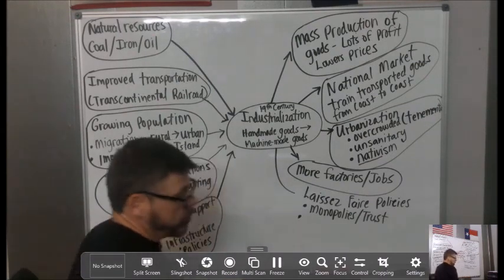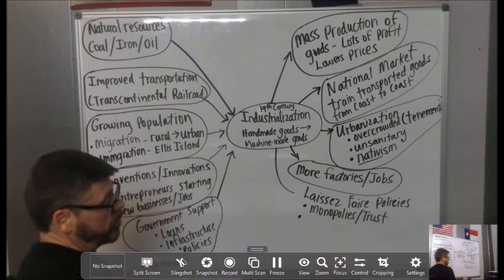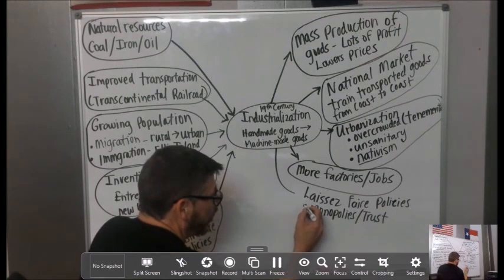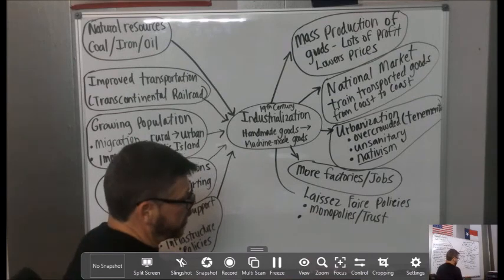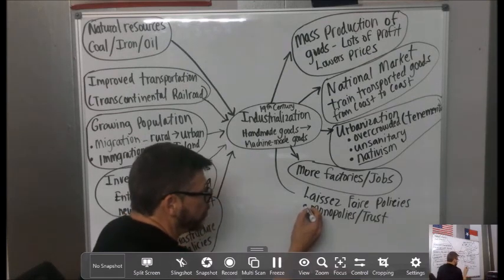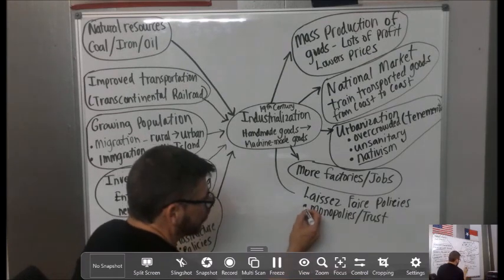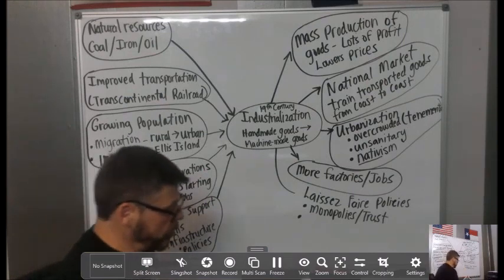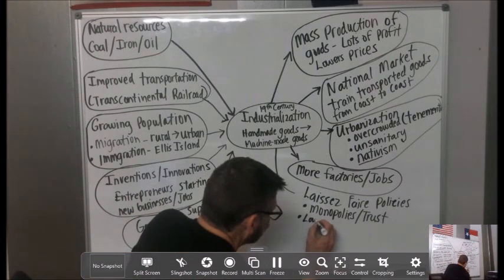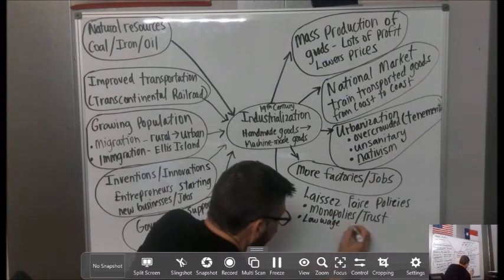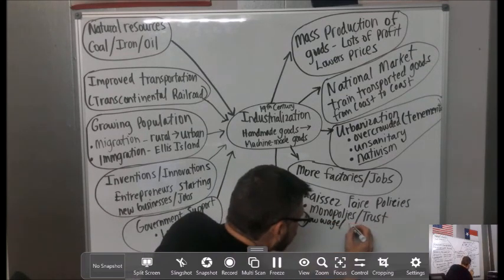Okay, and that can affect the prices and quality of service. With monopolies, you need to keep an eye on those things because it does cause problems with prices for the consumers and service. Okay, it leads to low wages and unfair, unsafe working conditions.